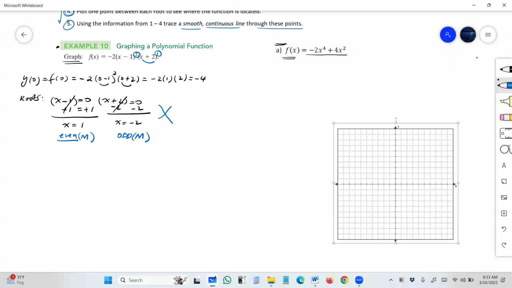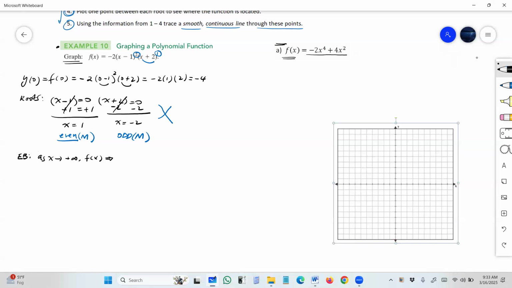Okay, so this is how the roots matter. All right, so I have the roots, and now I want to find the end behavior. So the end behavior of the function, as we've seen before, is as x goes to positive infinity, we find out the behavior of f of x.